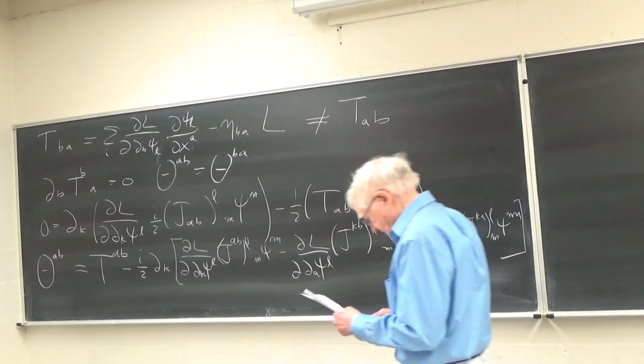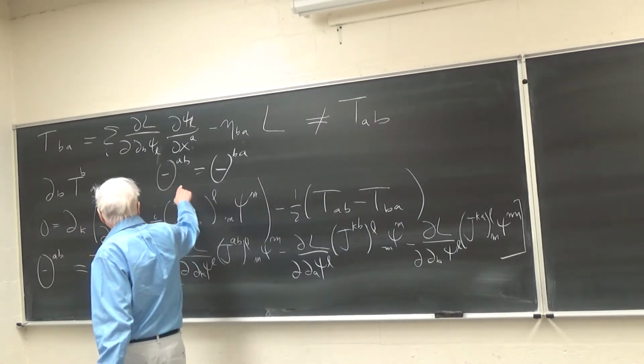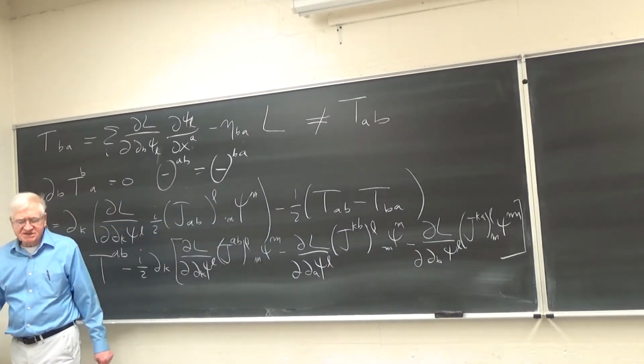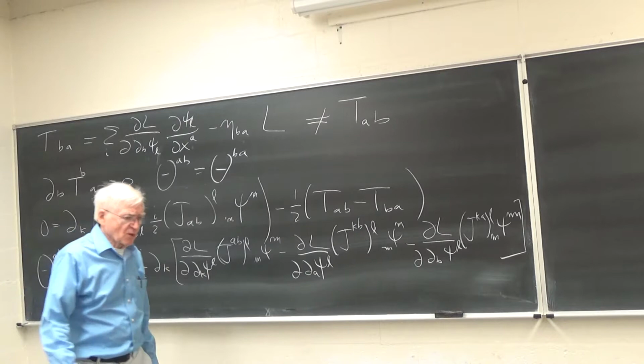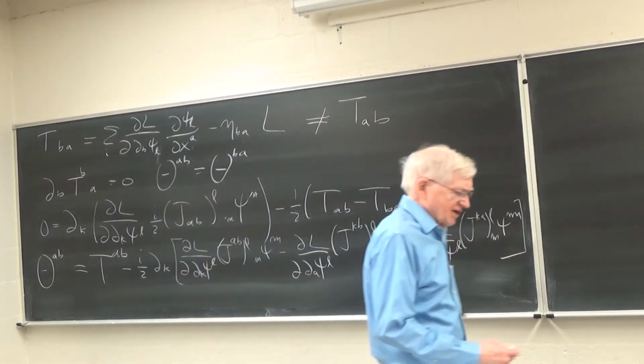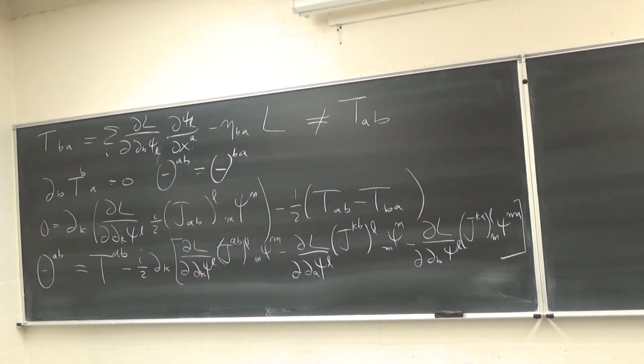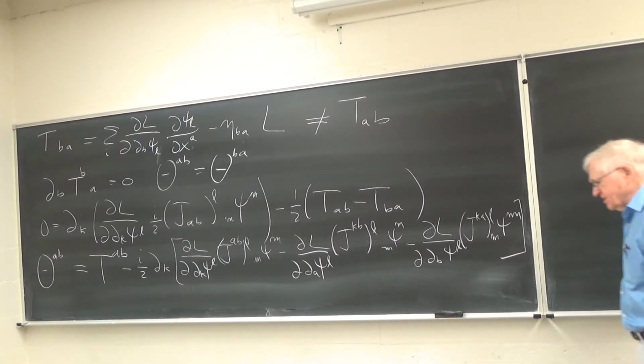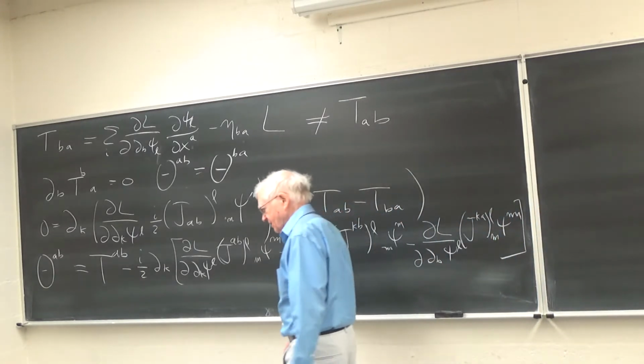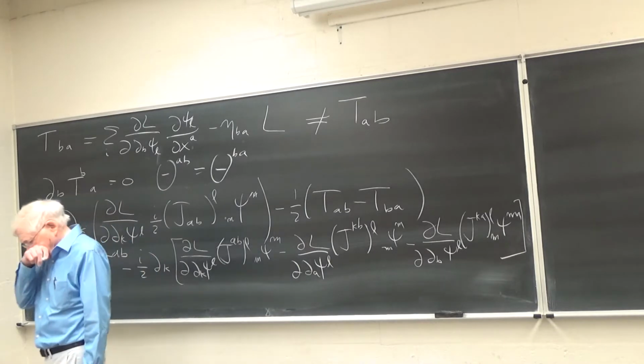The reason why one wants a symmetric energy momentum tensor is that in general relativity, the natural source of the gravitational field is a symmetric tensor, a symmetric energy momentum tensor.